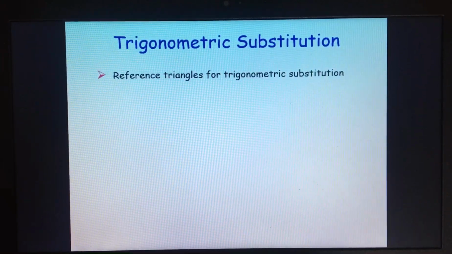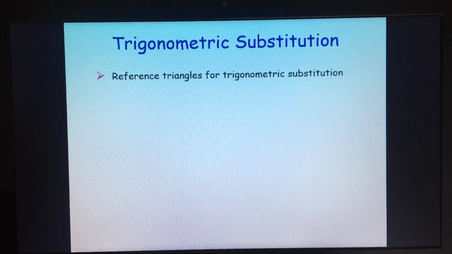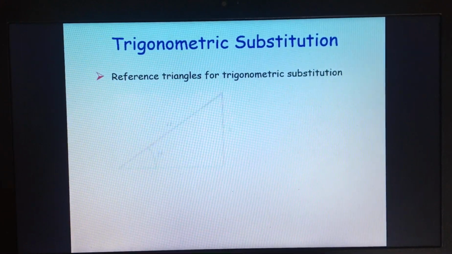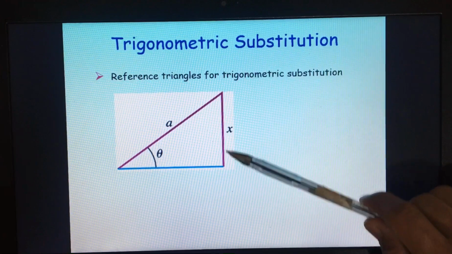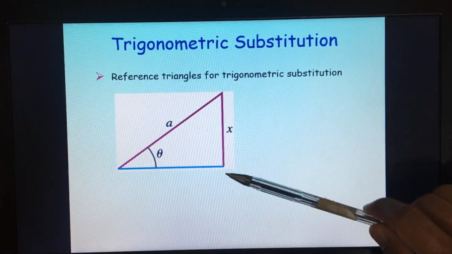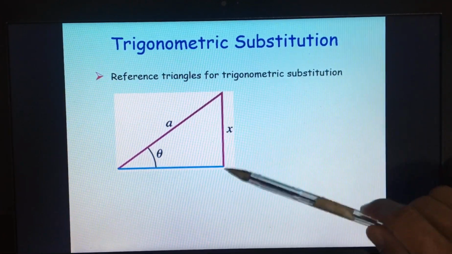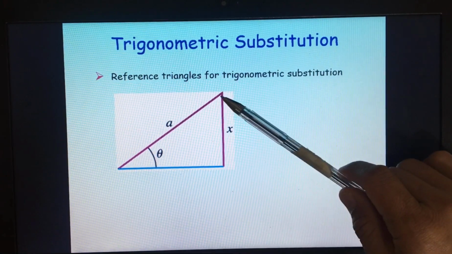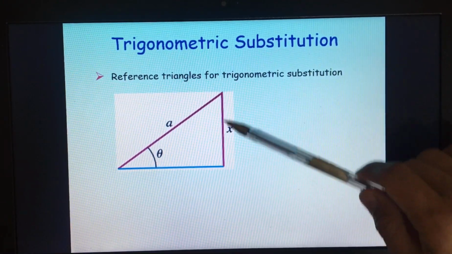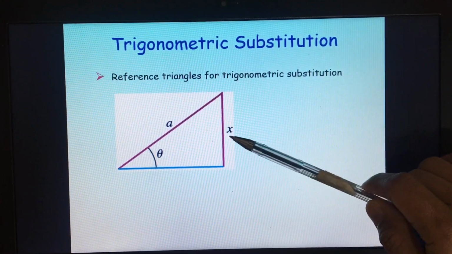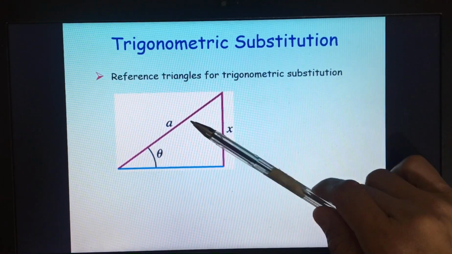Now we have here reference triangles for trigonometric substitution. So the first one, we have here the right triangle. These are the legs of this right triangle, and we have here the hypotenuse. One of the legs is labeled as x and the hypotenuse as a.